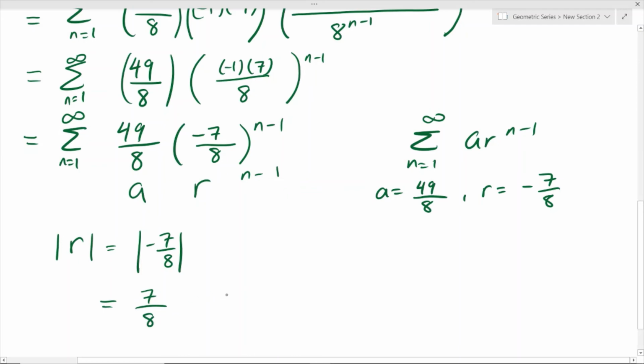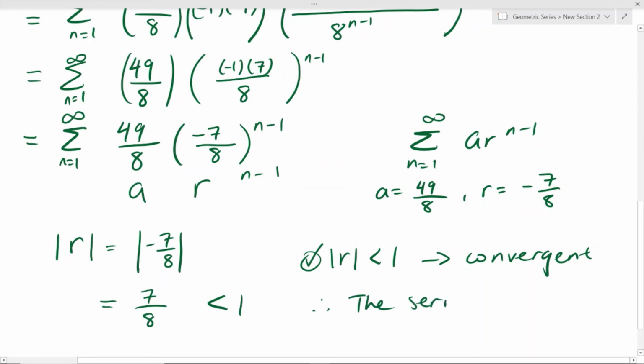And 7 over 8 in this case is less than 1, and recall that if the absolute value of r is less than 1, then that means it's convergent, right? That means the series will converge. And in this case, our r is less than 1. This is true, okay? So since this is true, we can say that therefore the series is convergent.